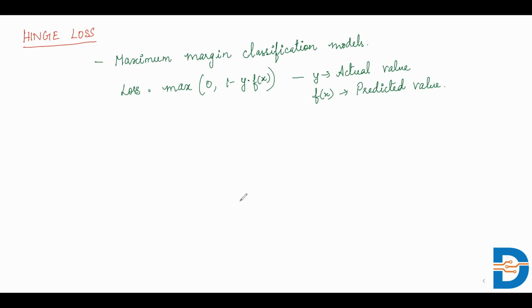There are two things that are considered by this hinge loss. If I want to calculate the loss for a classification model, I would see how many misclassifications are done. But hinge loss takes two things into account. One is whether the observation, that is the testing point, is properly classified or not.